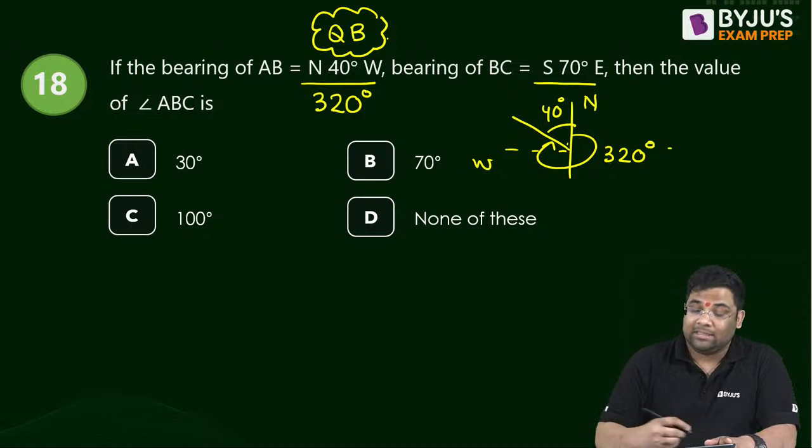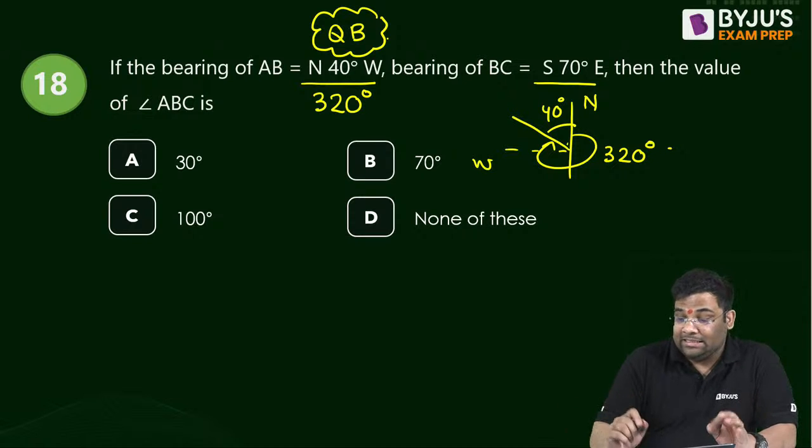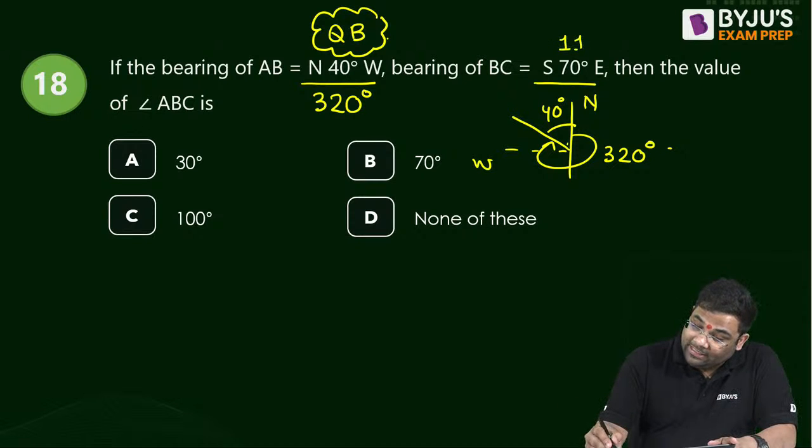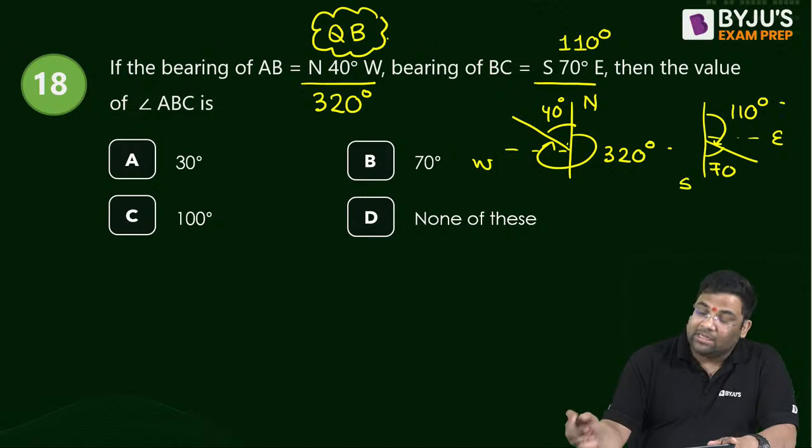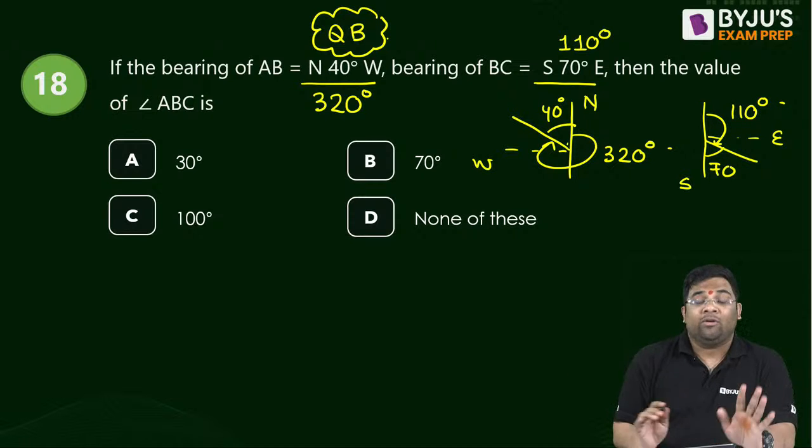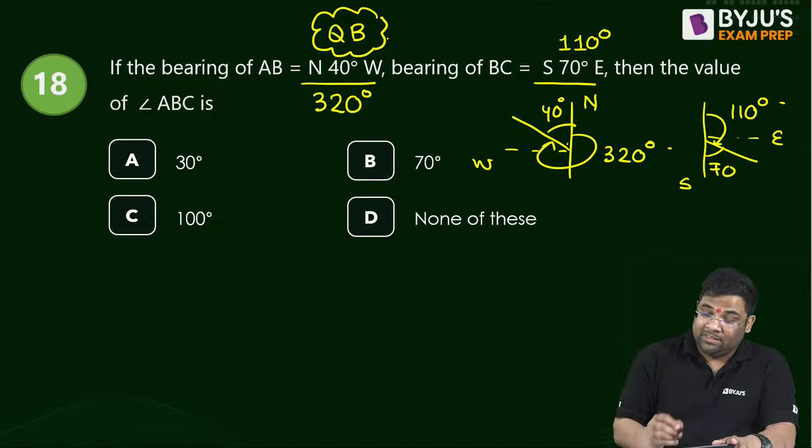And then BC is written as south 70 east, which is actually 110 degree. How? South 70 east, so actually it is 110 degree. You can convert to WCB. Once you convert from QB to WCB, then you can draw.